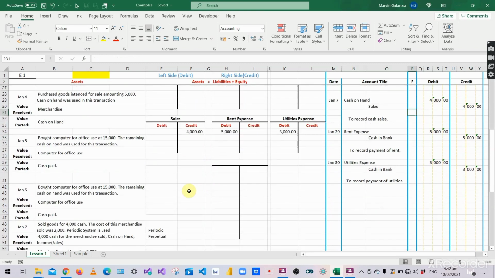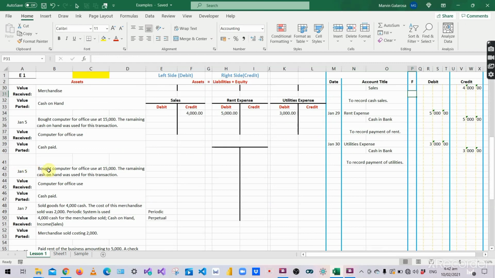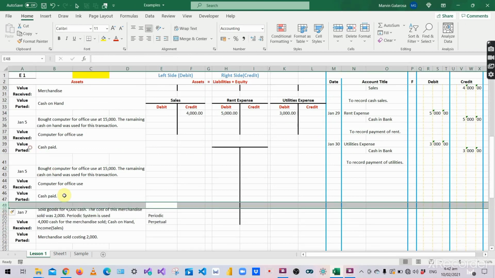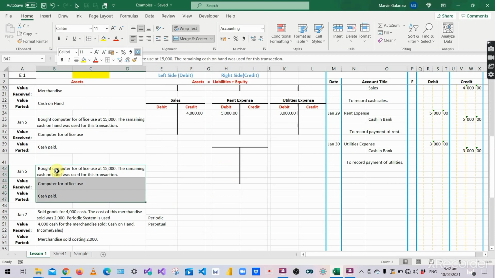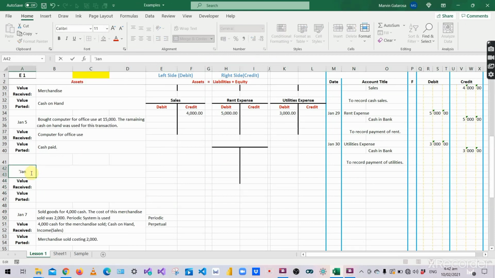Ayan. So, January 6. On January 6, Pepito made additional investment amounting to 5,000 cash.